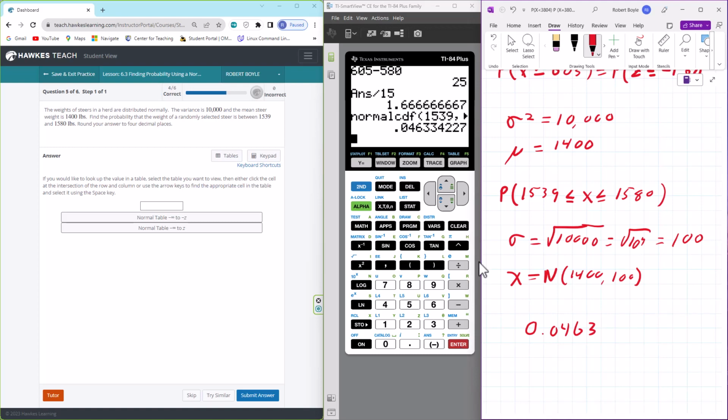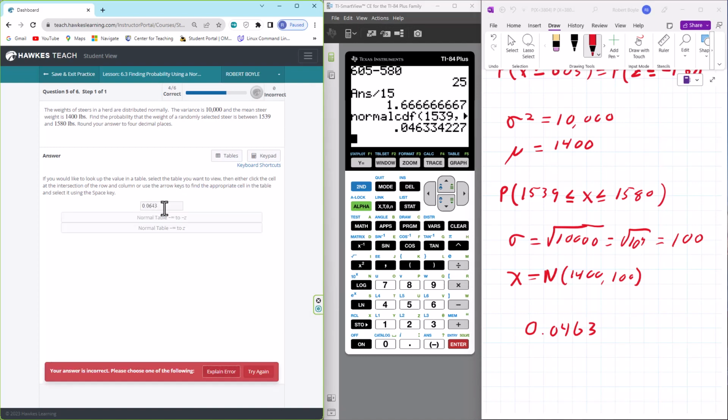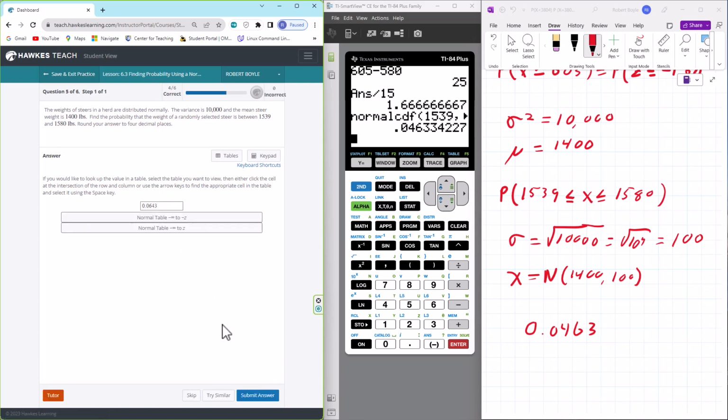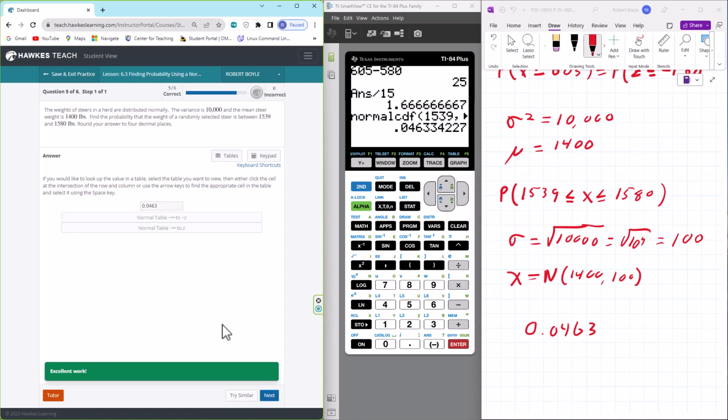My fifth decimal place is a 3, so I don't need to round up. And let's see if that actually happens to be correct. 0.0463. And it is wrong. Why is it wrong? Because I transposed the 6 and the 4. So let's try that one more time. Much better. There we go.